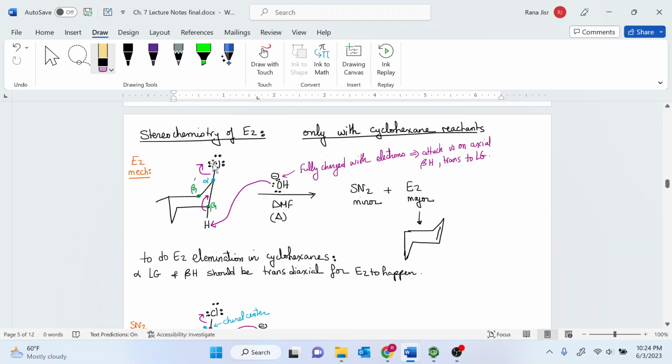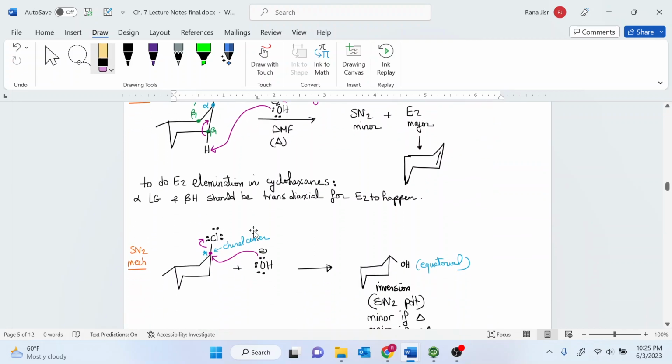So the chlorine needs to be in the axial position, not the equatorial position. If the chlorine is in the equatorial position, the reaction will not happen. So the chlorine will be axial and the hydrogen will be axial, and the base is going to come and take the hydrogen, which is in an opposite plane. It's anti-periplanar with respect to the chlorine. So it's going to take the hydrogen, form a double bond, and the halogen is going to leave.